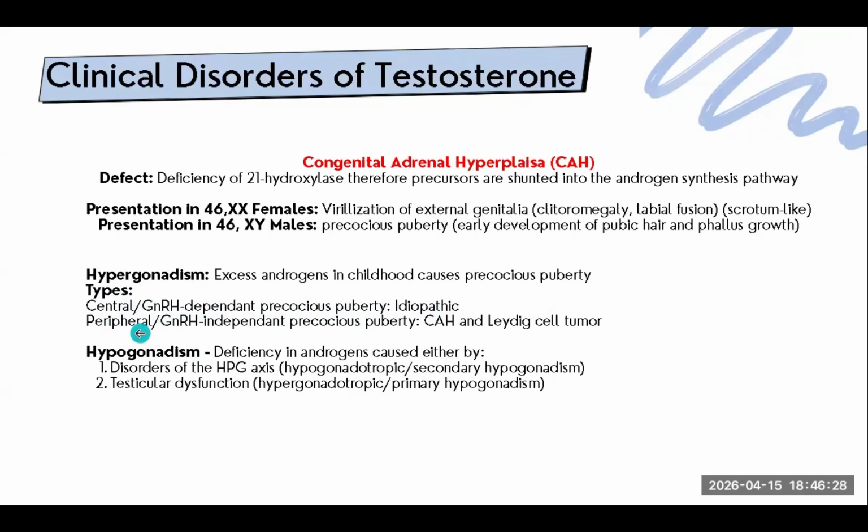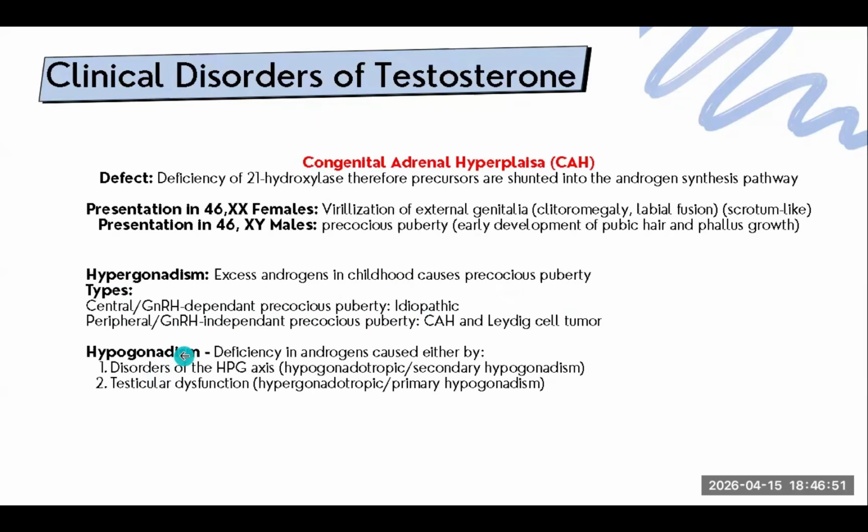The second type is peripheral or GnRH independent precocious puberty, and a cause of it we just mentioned is CAH and Leydig cell tumors. Peripheral means an issue with the testes. Central means an issue with either the hypothalamus or the pituitary, or something in between, if there isn't.